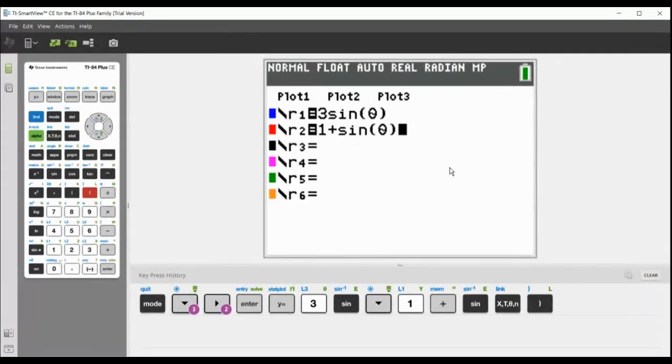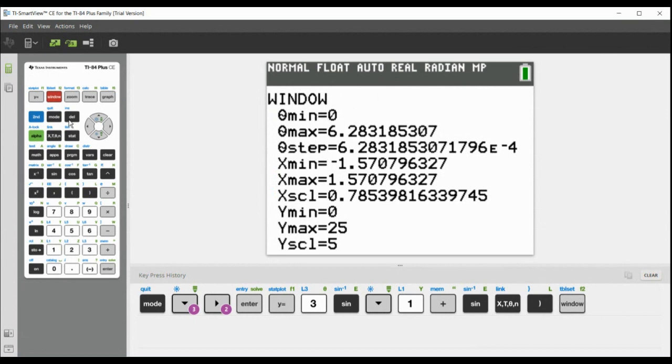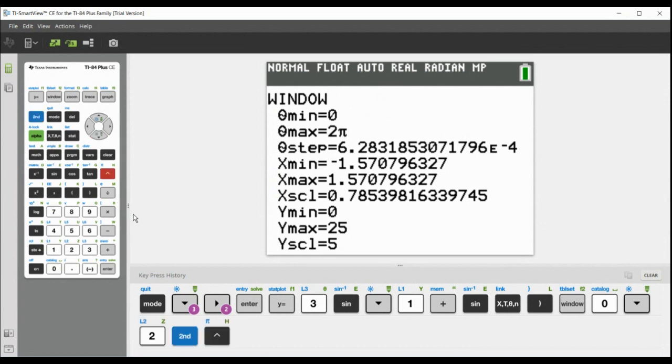But you know, for the circle, you might not need to go from 0 to 2 pi. So tell you what, let me just put 0 to 2 pi. I got to put something down.